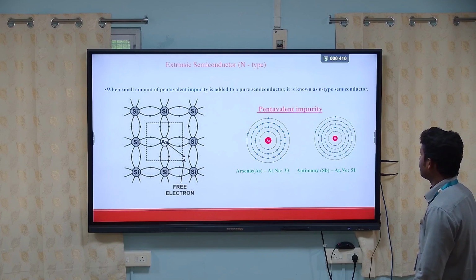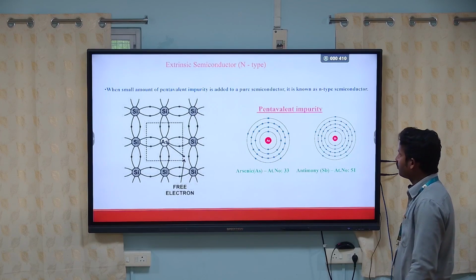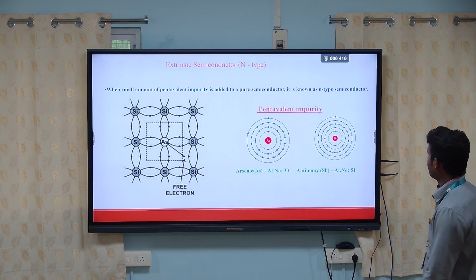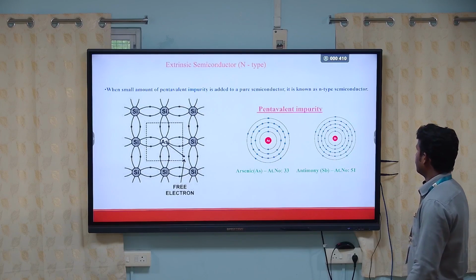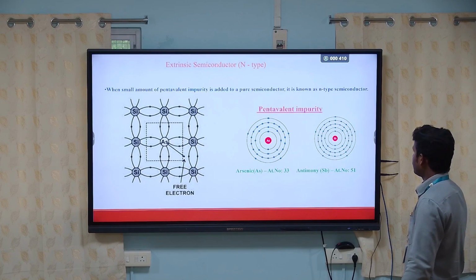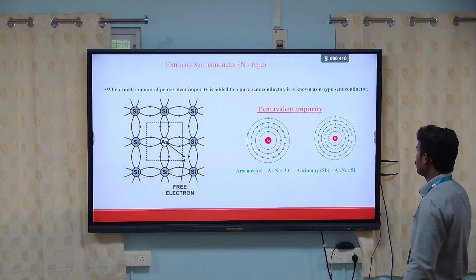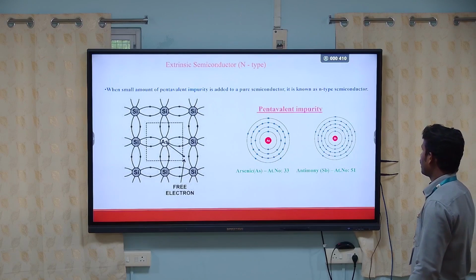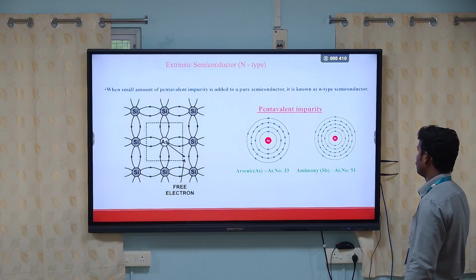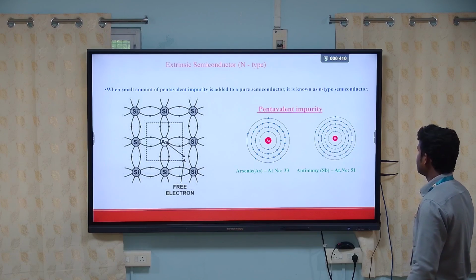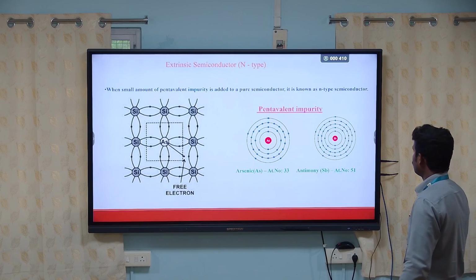Next, N-type semiconductor. When a small amount of pentavalent impurity is added to the pure semiconductor, it is known as N-type semiconductor. The examples for pentavalent impurities are arsenic and antimony. If you look at the electronic structure of a pentavalent impurity, you can see 5 valence electrons in the outermost orbital. So pentavalent impurities are generally called donor impurities.